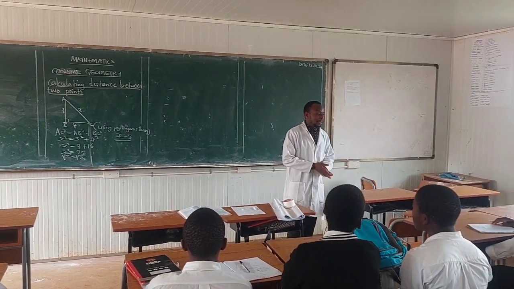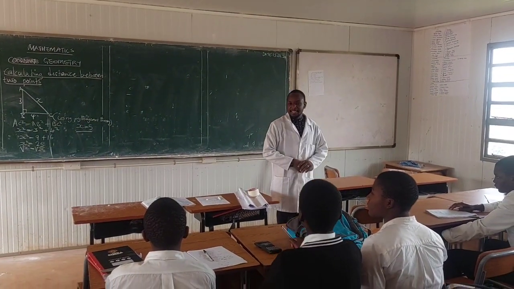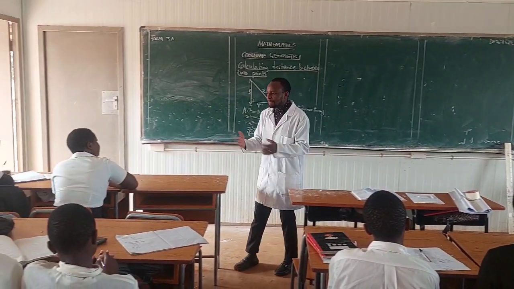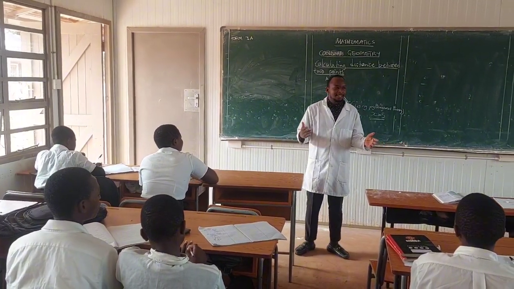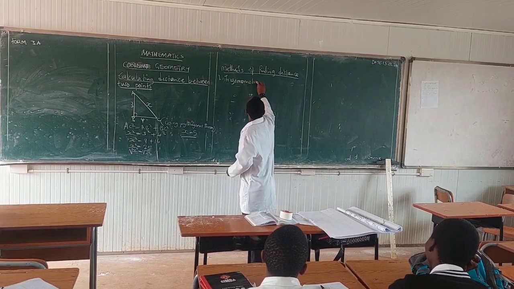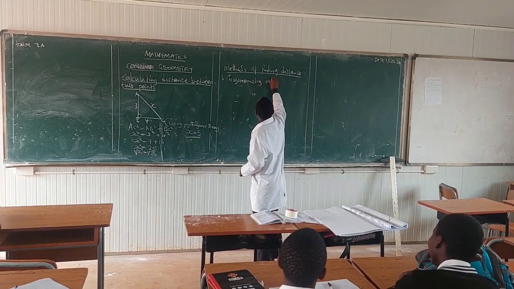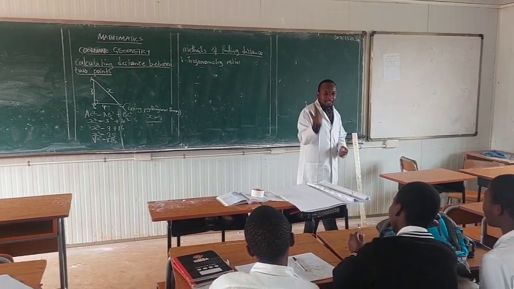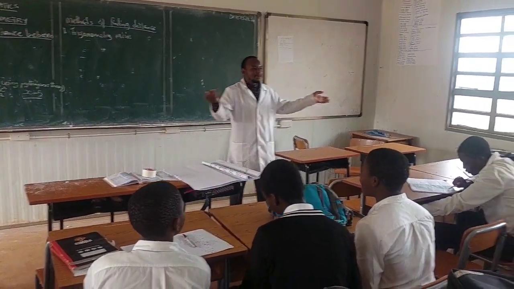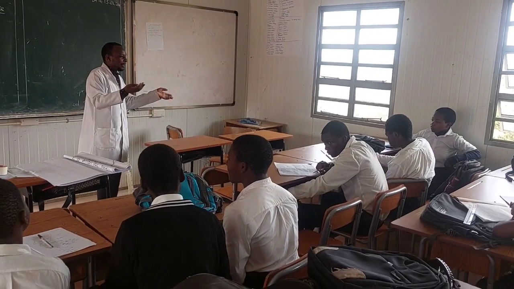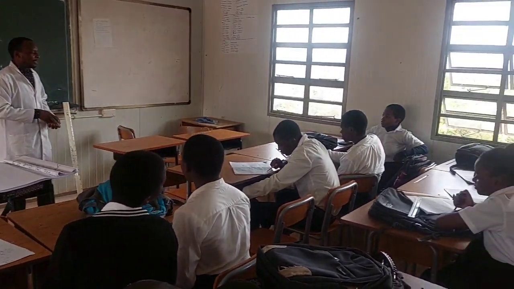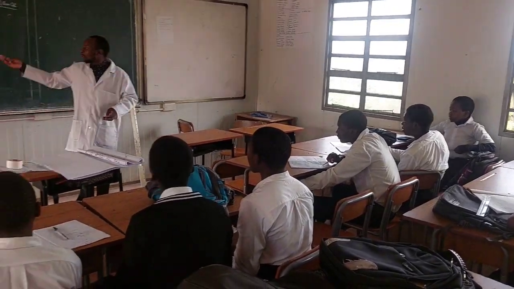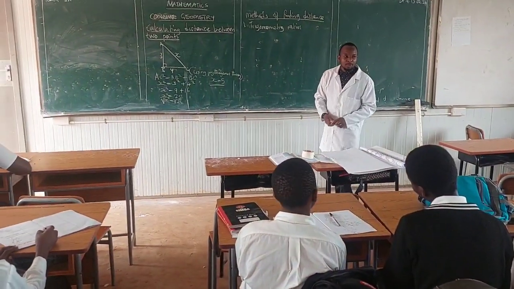Apart from Pythagoras theorem, any other methods of getting a distance? By using trigonometry ratios. Thank you so much. That's the idea from Sylvia and Faith. Who else? Janet, you are raising a hand. We are also suggesting the same.